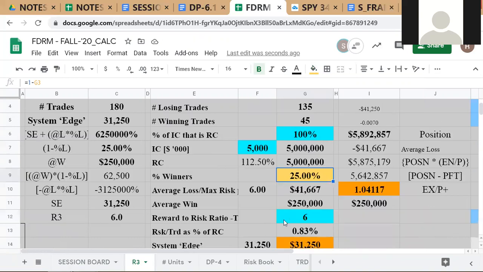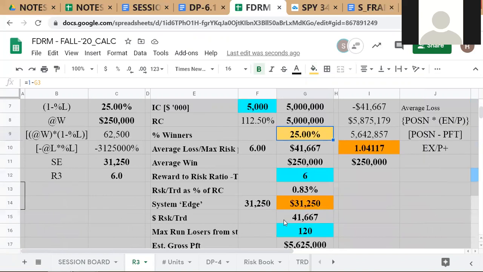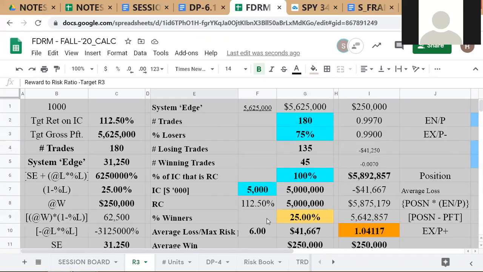Okay, but let's look at this. Where is the R3? R3 is 6. See, reward to risk ratio is 6, which means average win divided by average loss is 6. So assuming that the system actually works, assuming that these are ex post numbers, somebody trying to market a system will usually look at ex post numbers on some kind of simulated trading.